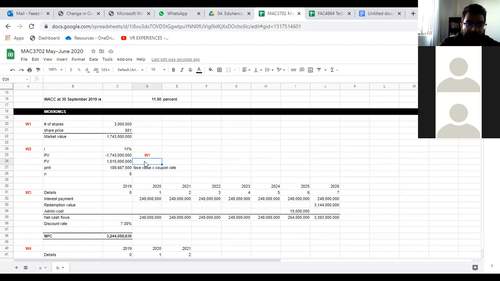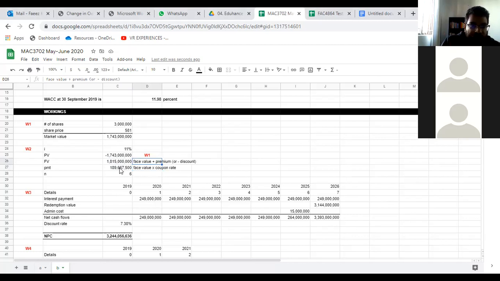Because remember, the future value is equal to the face value plus a premium, or if there's a discount, minus a discount. Because there's no premium or discount in this question, the future value is only made up of the face value.